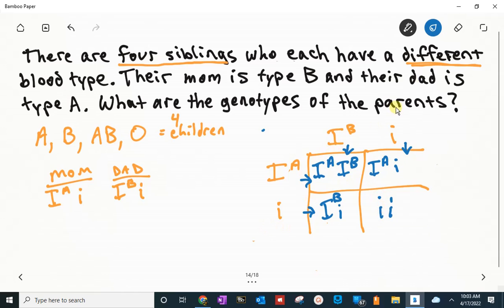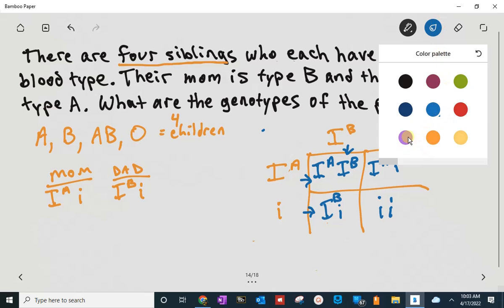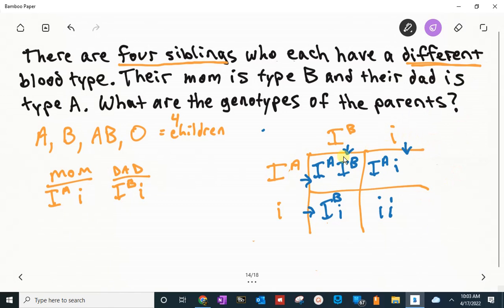So now we can make sure this is what we get for the offspring: out of 4 children, they each have one of each blood type. So this dominant A and dominant B is going to equal an AB blood type, because they're going to coexist, since A and B are codominant to each other.